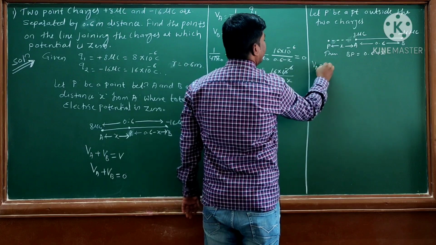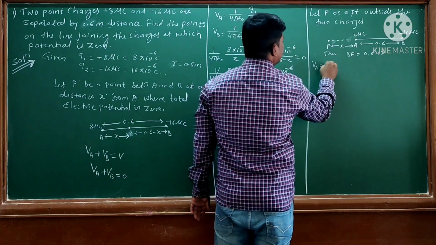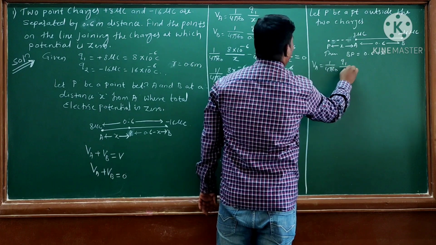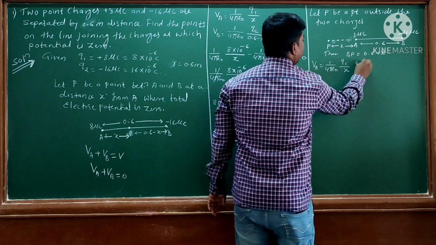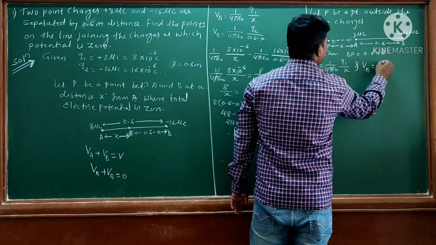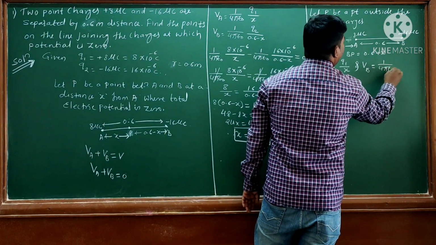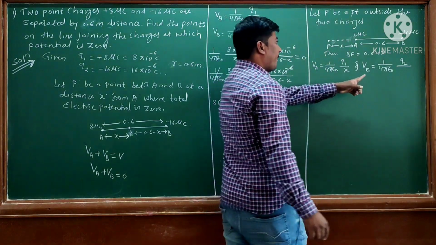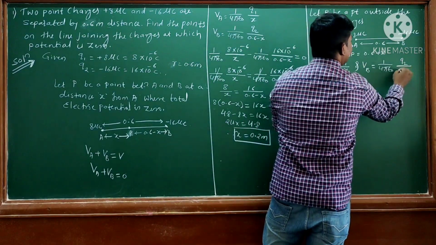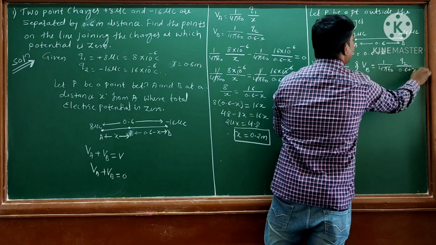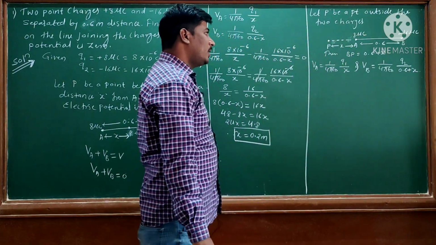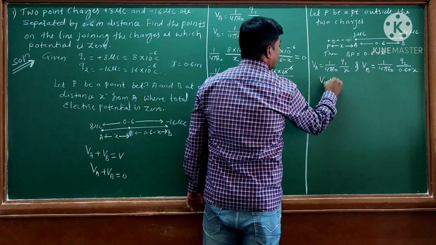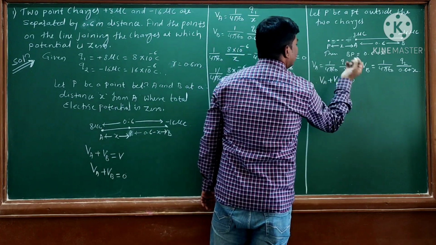Again VA is same, that is 1 by 4 pi epsilon naught Q1 by x, and VB is equal to 1 by 4 pi epsilon naught Q2 divided by this distance, which is now 0.6 plus x. Therefore VA plus VB equal to 0.